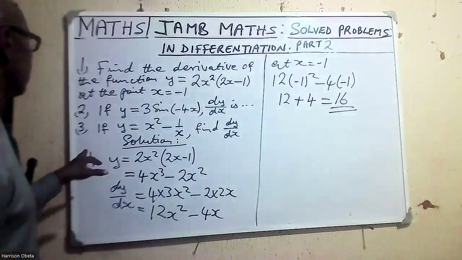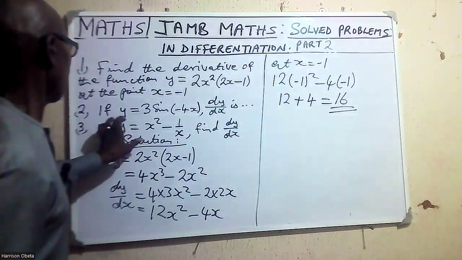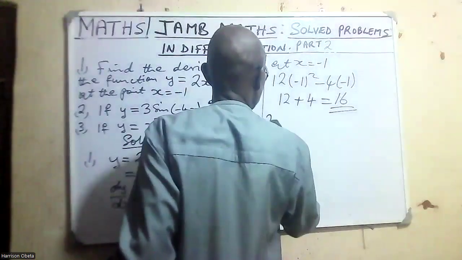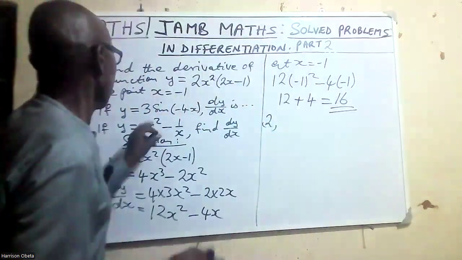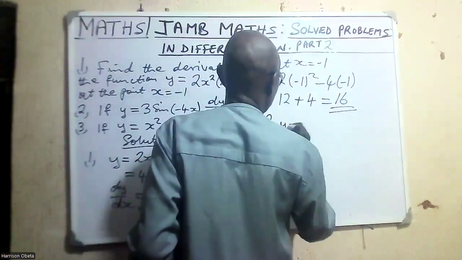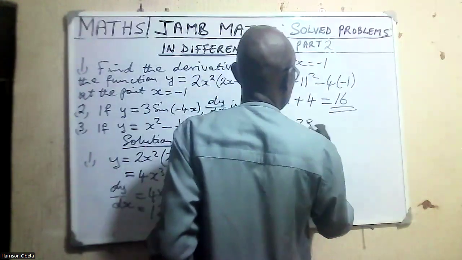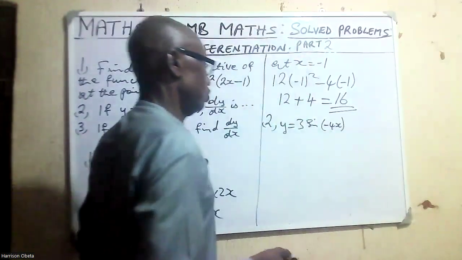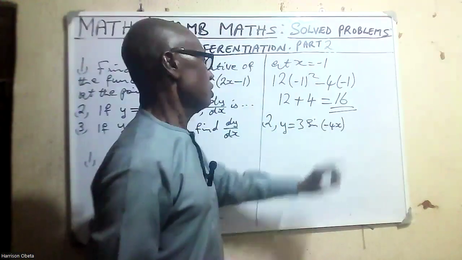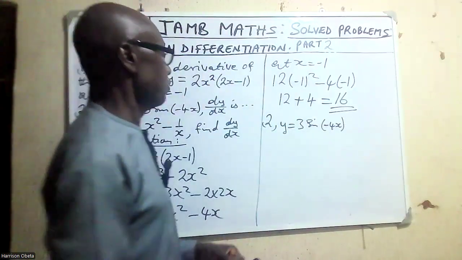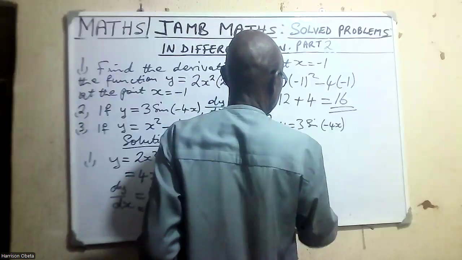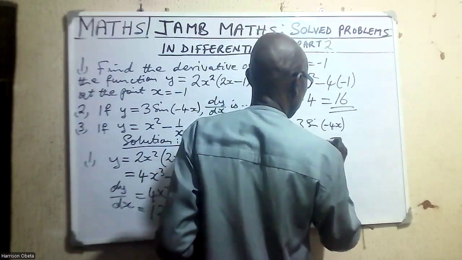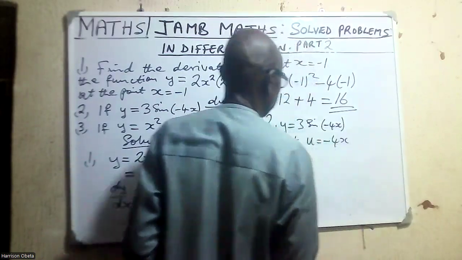Then we'll go over to number 2. And number 2, it says if y equal to this, find dy/dx. So number 2, y is equal to 3 sine bracket minus 4x. As usual, this one is under function of a function. So let u equal to minus 4x.